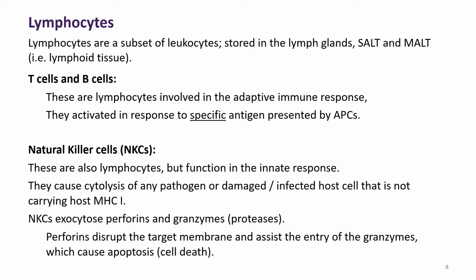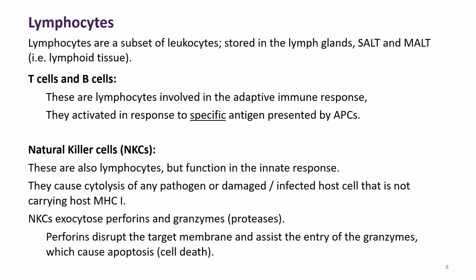And remember, all cells, apart from erythrocytes, have MHC1. So those, if you remember, were our markers of self. We put up this MHC1 flagpole, and in it our flag says, yes, we're happy and healthy, here's some healthy proteins, we're okay, Jack. The natural killer cells aren't that interested in what's in the MHC1.